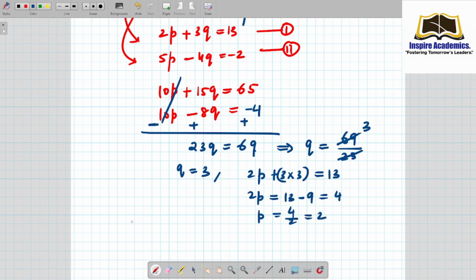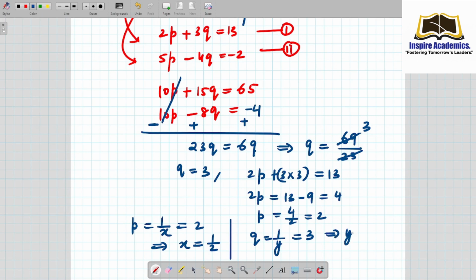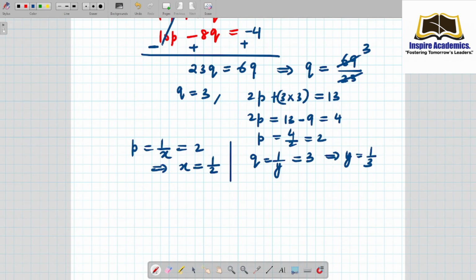The value of p was considered as 1 upon x, which is 2, which means the value of x is 1 upon 2. Similarly, the value of q was considered as 1 upon y, which is 3, which means the y value is 1 upon 3. So this is our solution.